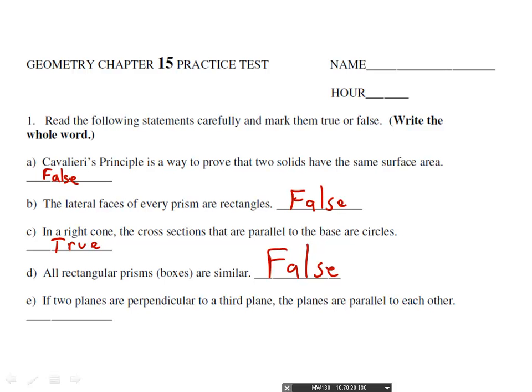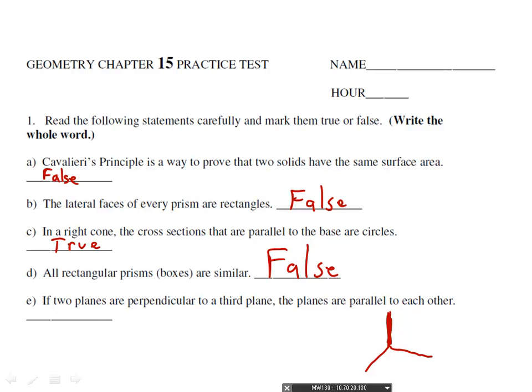If two planes are perpendicular to a third plane, the planes are parallel to each other. We might be tempted to answer true to that. But you have to picture, remember we talked about the back corner of the room. And it's hard to reproduce that. But if this is where the two walls intersect in the back corner of the room, and this is the floor here.